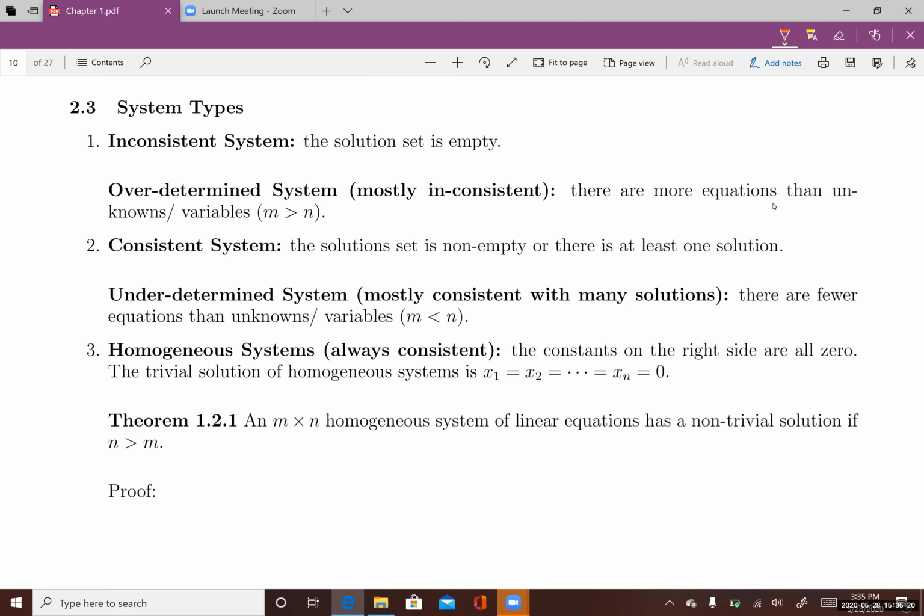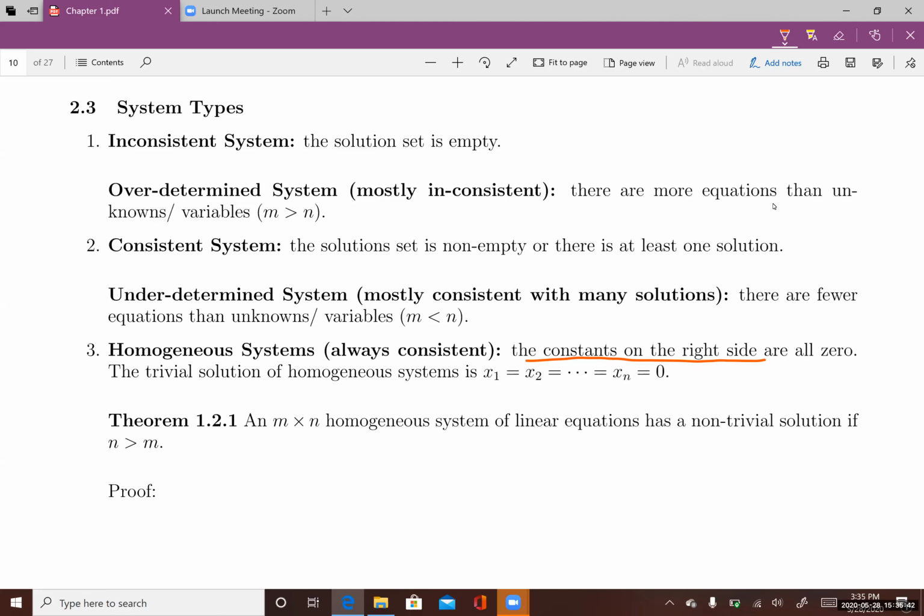And then we have homogeneous systems. A homogeneous system is a system that is always consistent. A homogeneous system is a system where the constants on the right side of the equations are all zero.